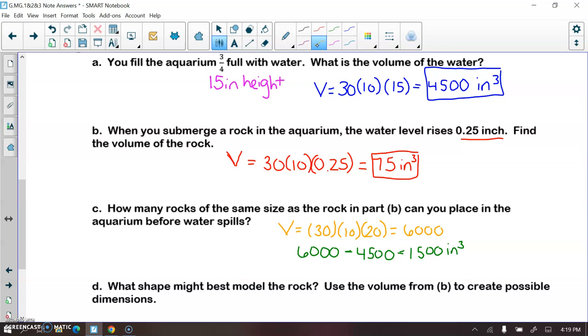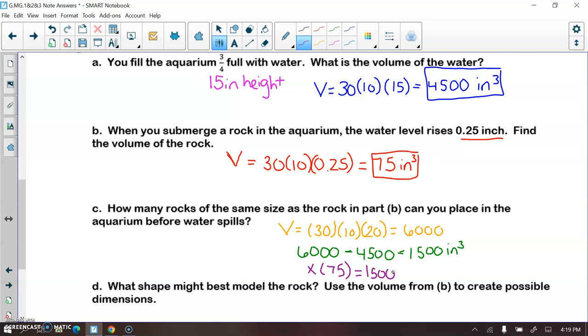So I want to figure out how many rocks I can submerge to fill up the rest of that 1,500. And so each rock has a volume of 75 inches cubed. So if I do the number of rocks times that volume, I want it to equal the 1,500.